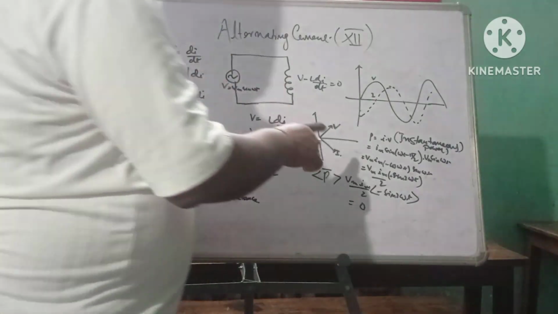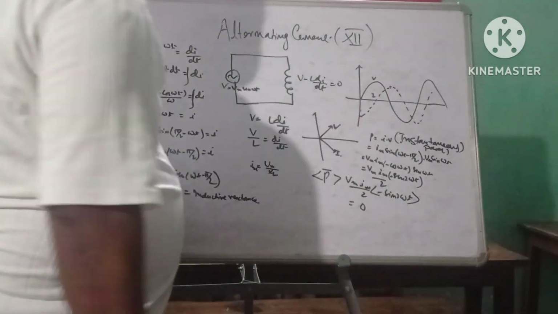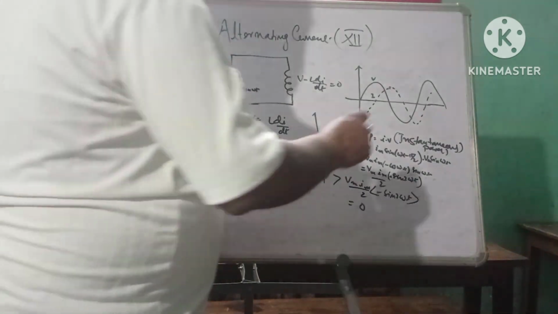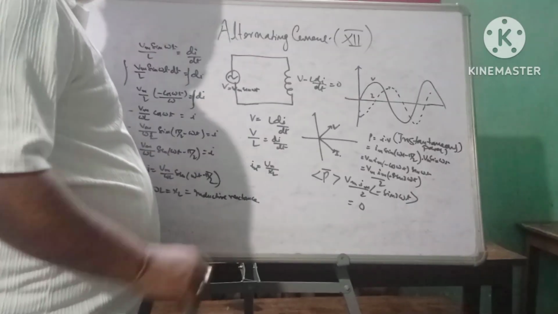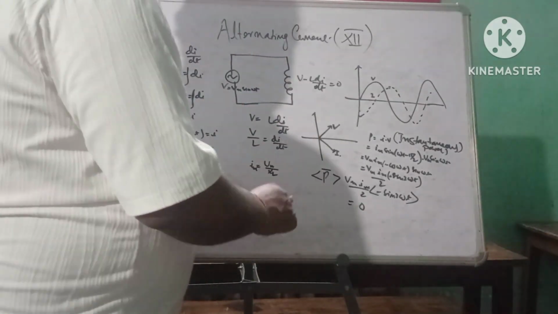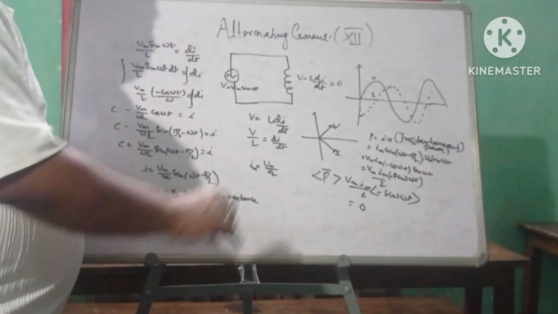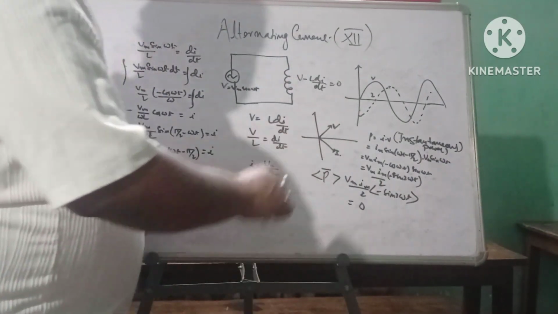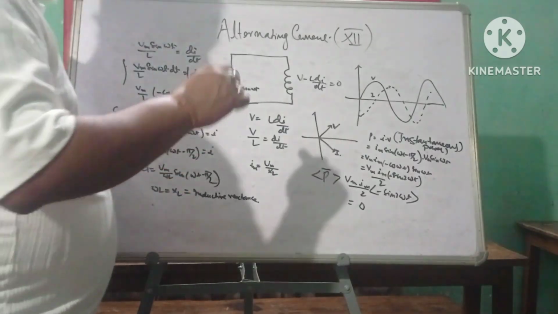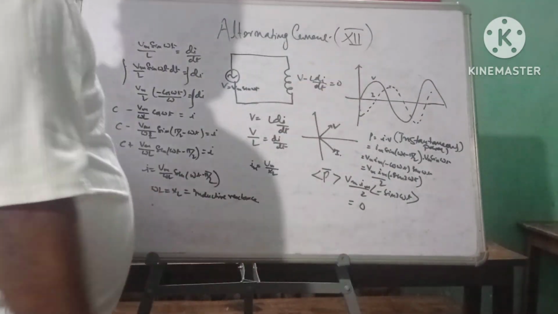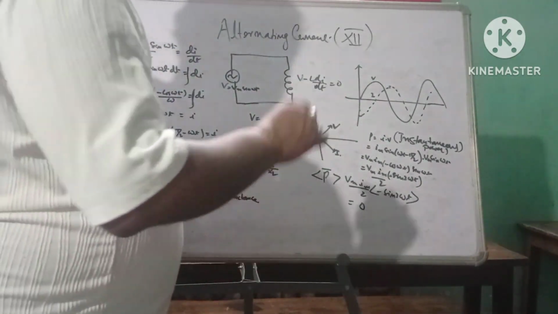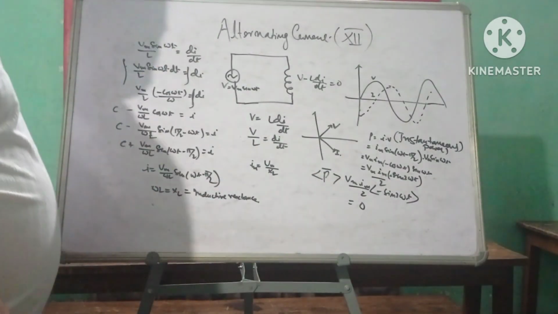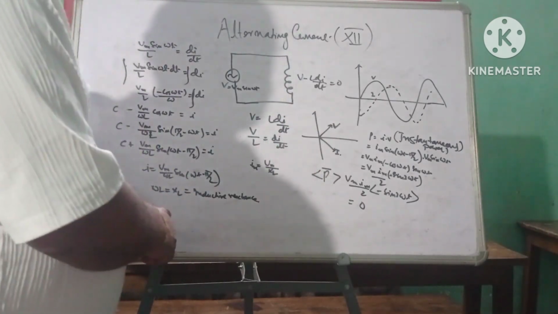You must ask such questions, that why here we went for instantaneous power. We can't find power directly, because it is not a DC current. This is a fluctuating AC source. So we have to go for instantaneous power, and after finding the instantaneous power, we can go for average power.